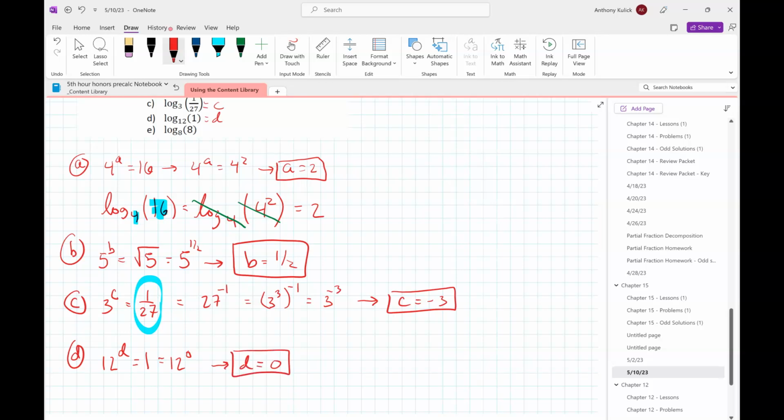As a reminder, 0 to the 0 is equal to... It's not 1. It's not 0. It's not undefined.